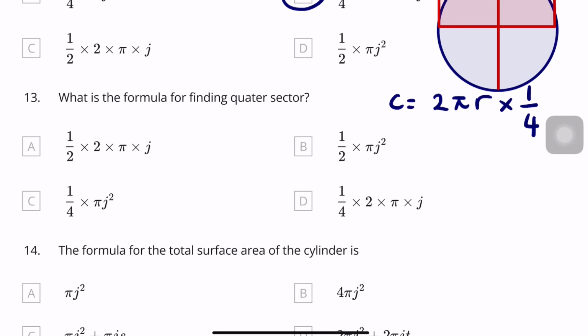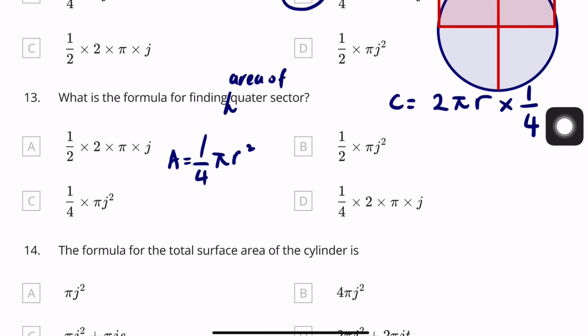What is the formula for finding the area of a quarter sector? We know that the formula to find the area of a circle is pi r square. So for a quarter it is actually 1/4 of that. So the answer is C.